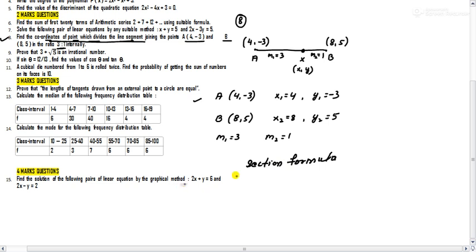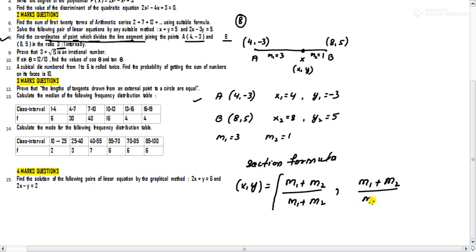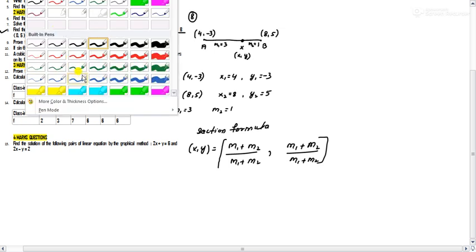You have to write x comma y is equal to, here you just write m1 plus m2 by again m1 plus m2. I'm telling a trick to remember. Again m1 plus m2 divided by m1 plus m2. Are you following this?